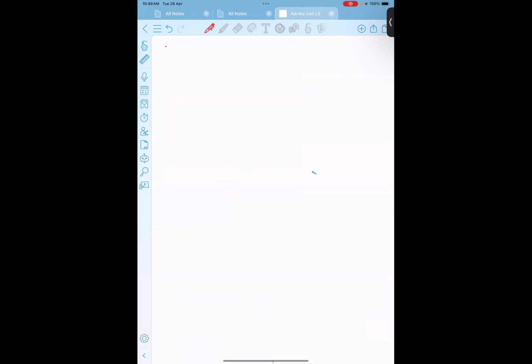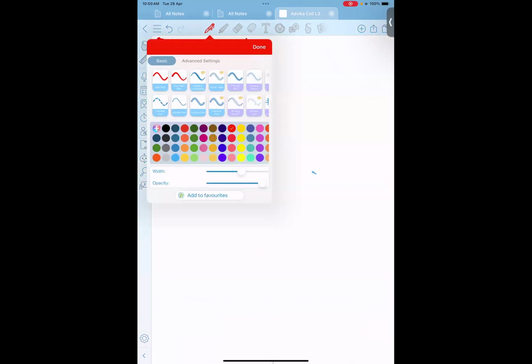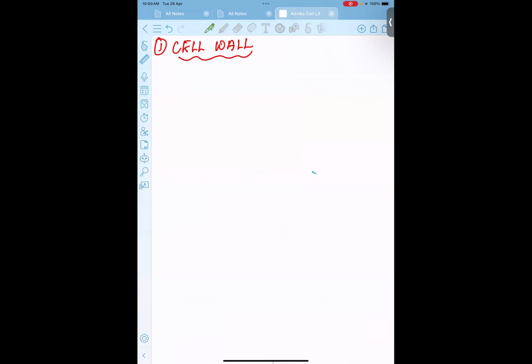Now here, the first part we will be discussing is the cell wall. Now, cell wall is present in whom? In the plant or in the animal cell or in both? In plants only, the cell wall will be there. If you remember, it was observed by Robert Hooke.